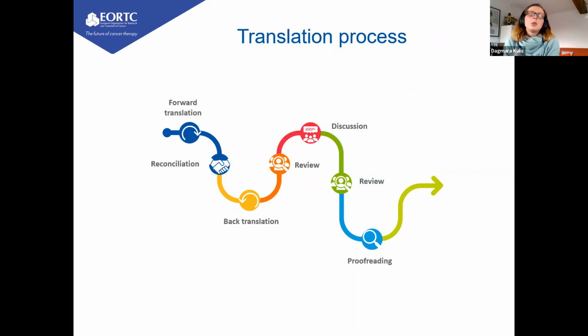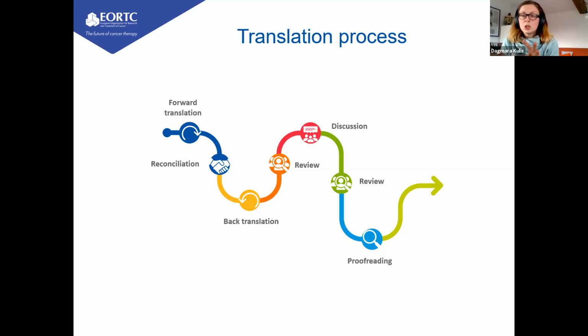Once we have resolved all those issues, we have the questionnaire translated, because it will be tested in phase 3 in different countries. So we will need more than just the English version. The translation process is also very standardized, and we start with a forward translation from English into the language that we need. That is done by 2 people who work independently.